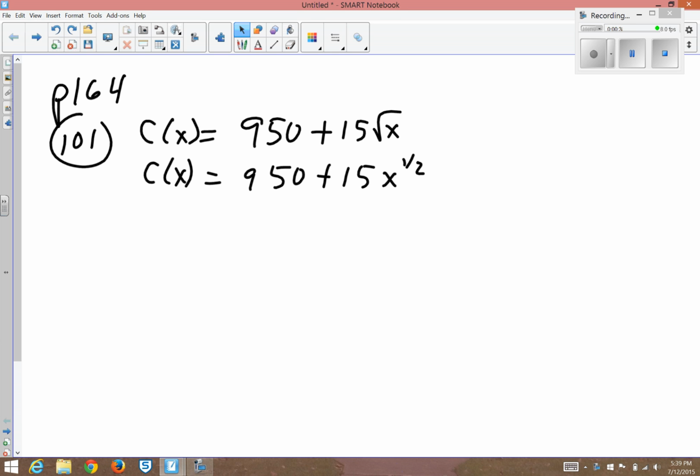When we take the cost of producing X jackets, which would be in dollars, and divide by the number of jackets, which is X, what we get when we do this division is called the average cost.